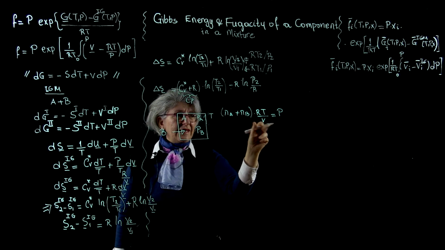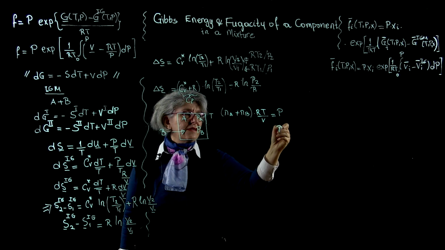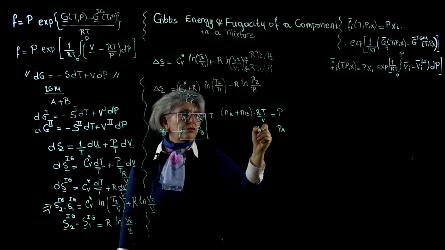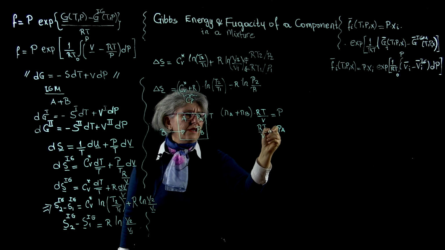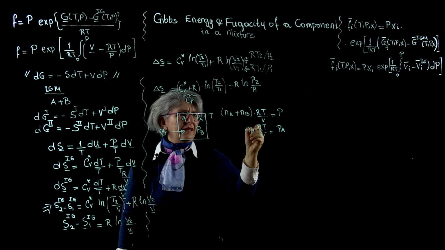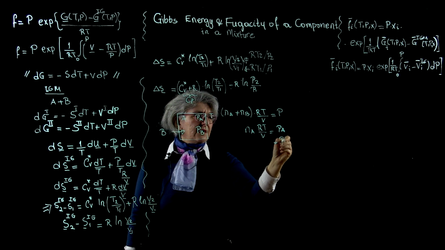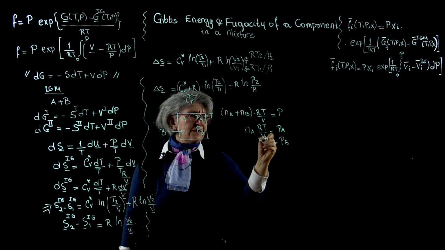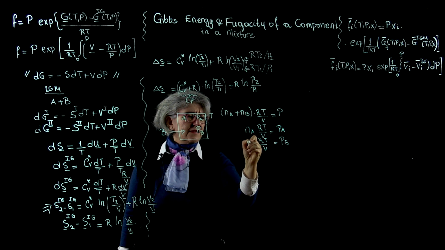While I can write this, I can also write P sub A equal to RT over V times N sub A, and P sub B as RT over V N sub B.